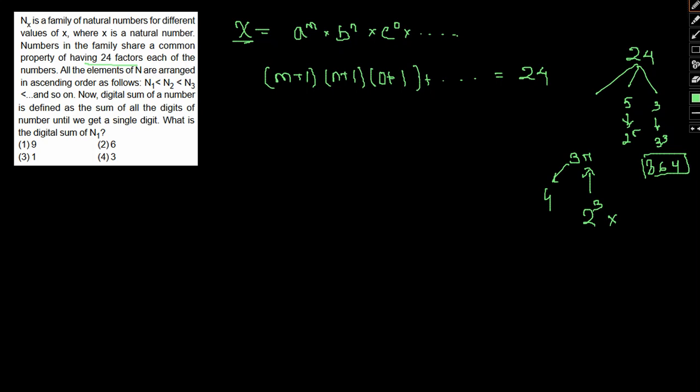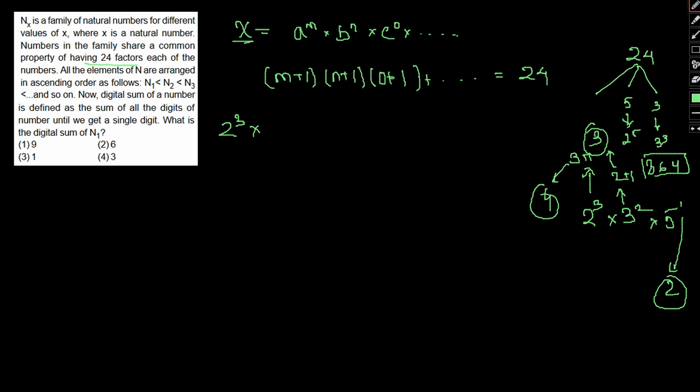Let me take 3 square, so 2 plus 1 is 3, and now the next smallest number would be 5 to the power 1, so this would give us 2. So what we have is 4 into 3 into 2, which is 24. So our number in this regard would be 2 cube.